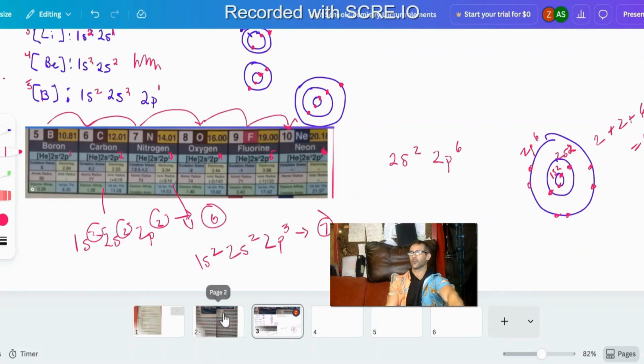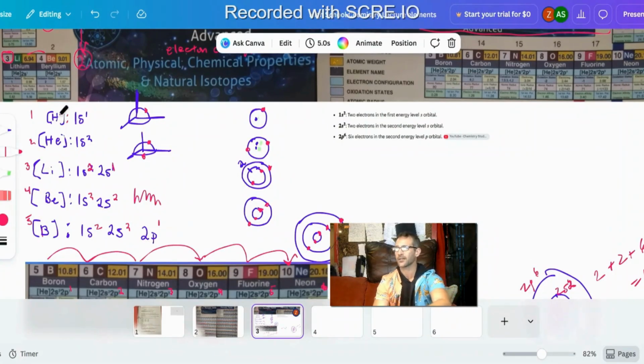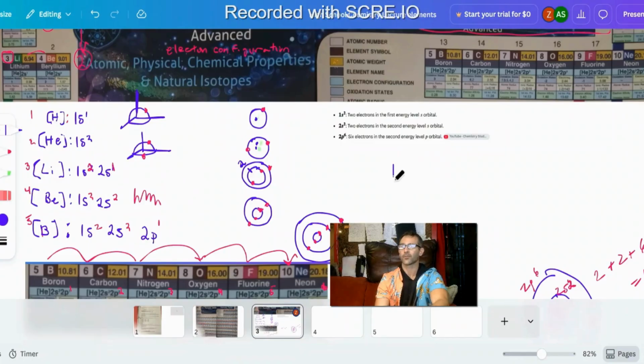Now, if we went down one more row, and I'll quit it for the day, but if I went to, let's say, sodium, right? Well, that went down an extra energy level. Technically, you say up when you go down, but it means we gained an extra energy level, that being 3. So if neon's was 10, then I would write 1s2, 2s2, 2p6, and I know I'm at neon, right?